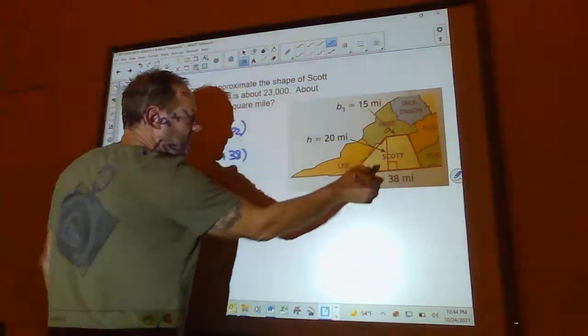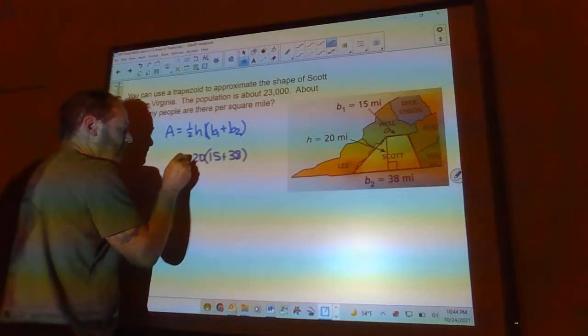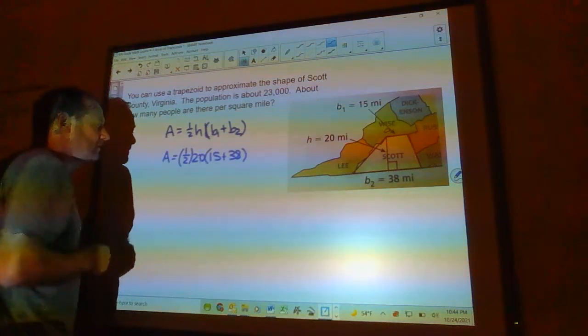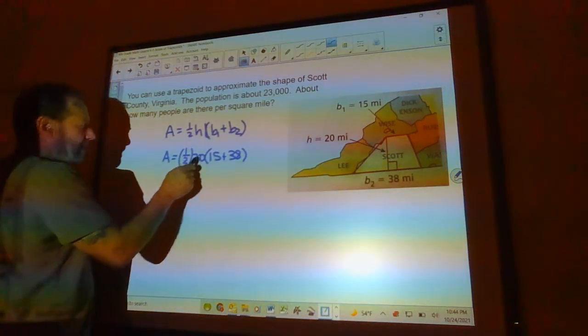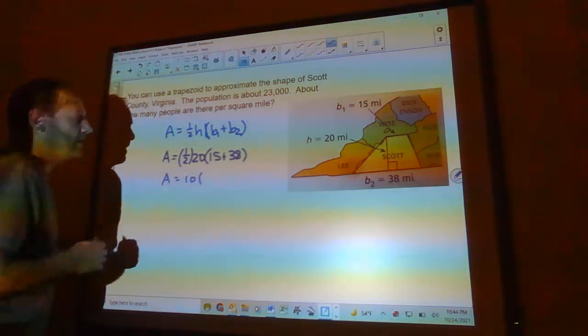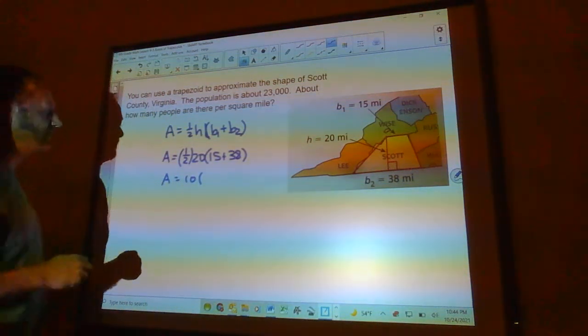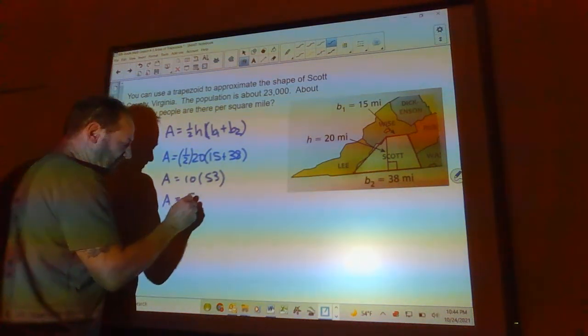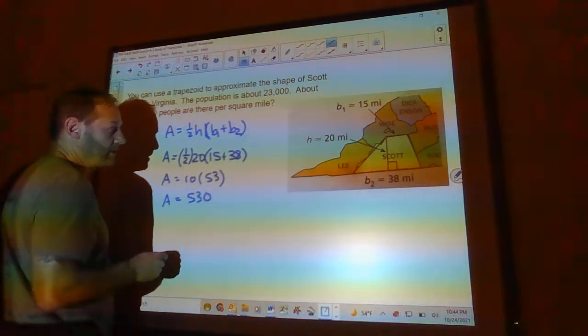And the height is 20. Okay, then I've got half out here. Okay, so half of 20 is 10. And then 15 plus 38, that's 53. And so that is 530 square miles.